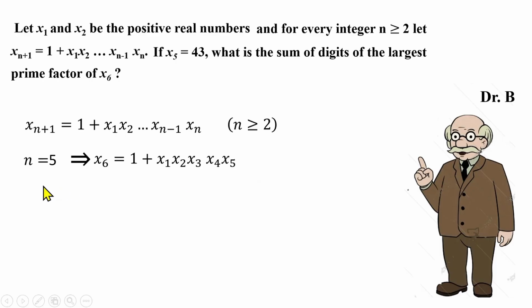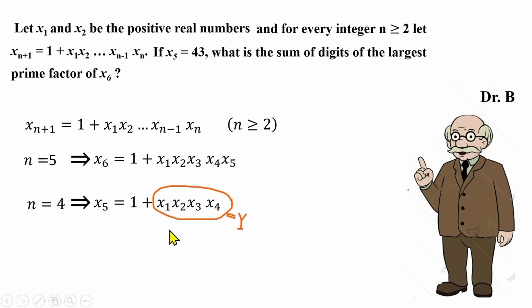Then we take n equal 4 and do the same for x5, which looks like this. Now we have this product of four numbers. We denote this product as y, and then we can write that y is equal to x5 minus 1.